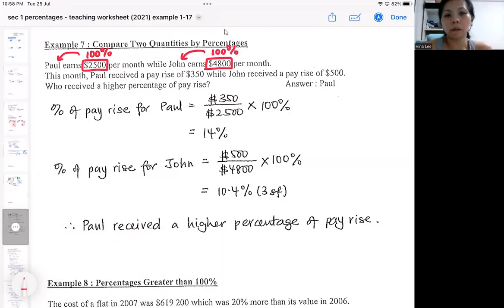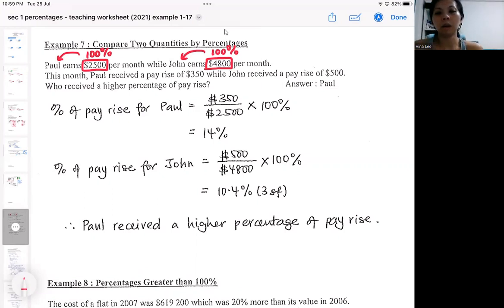Okay, so when Paul received a pay rise of $350 and John also received a pay rise of 500, if you want to see who has a higher percentage, then we got to compare back to their own 100%. So even though Paul received 350 and John received a higher pay raise like $500, in absolute value John is the one that received more.